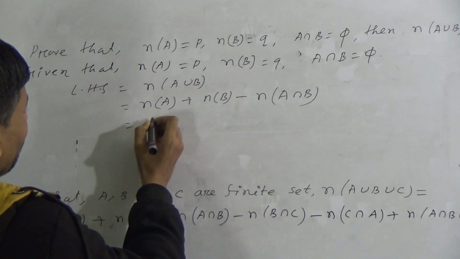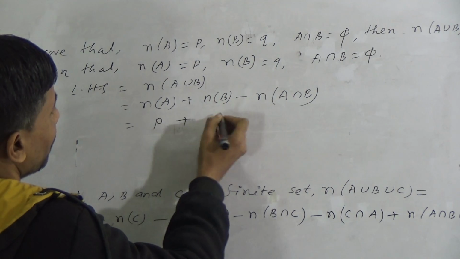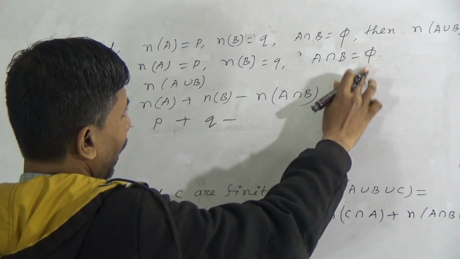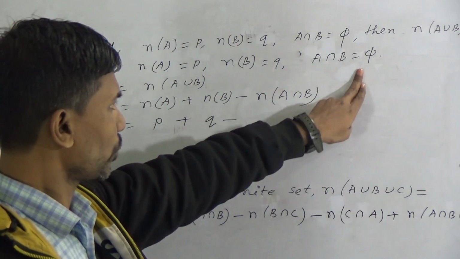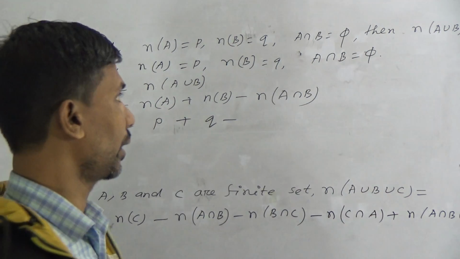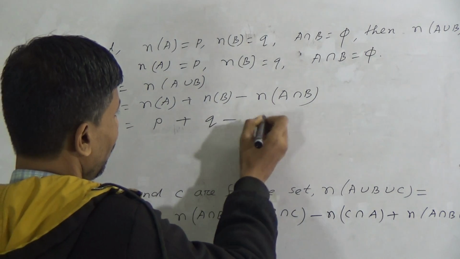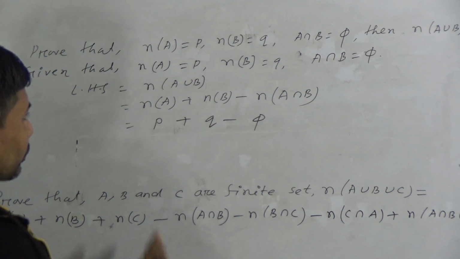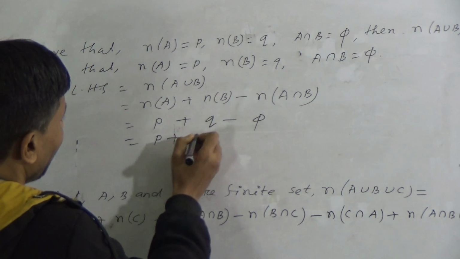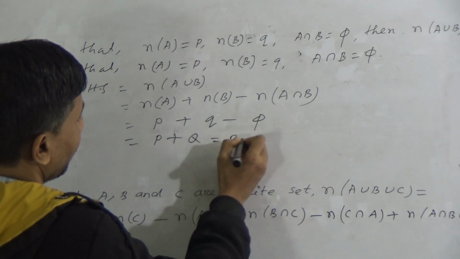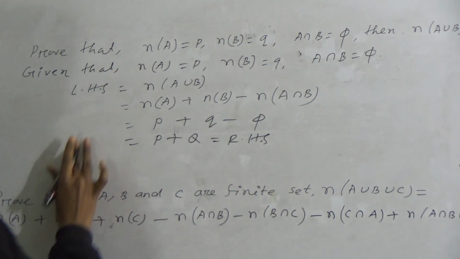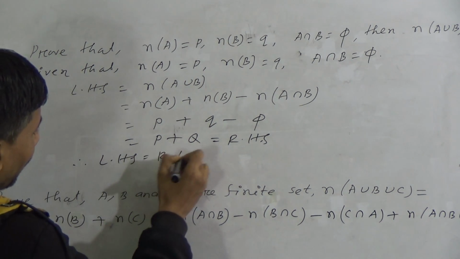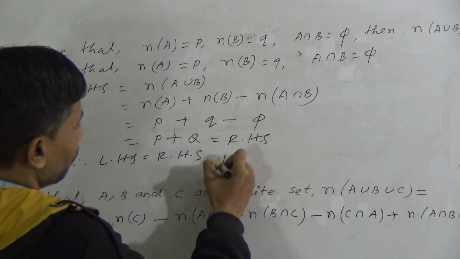Number of A means P, number of B means Q, and number of A intersection B is the empty set, the blank set, so it is zero. Therefore you can write P plus Q, and this is the right hand side. Therefore left hand side equals right hand side. Hence proved.